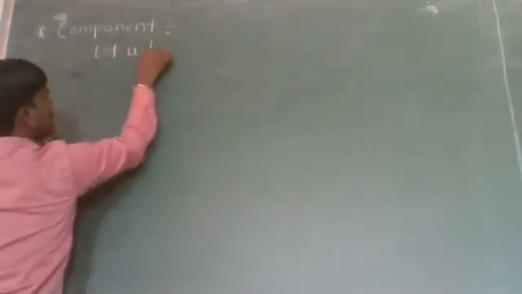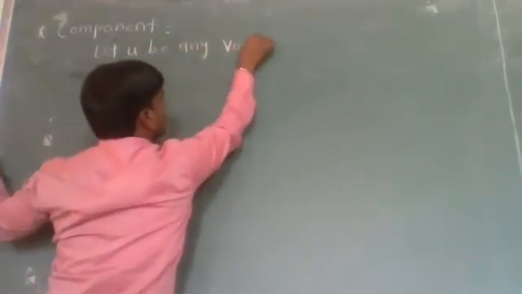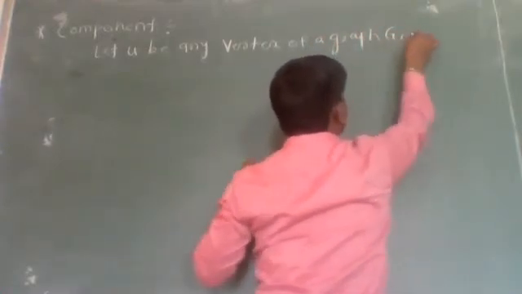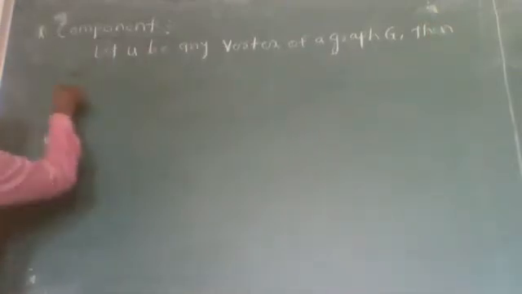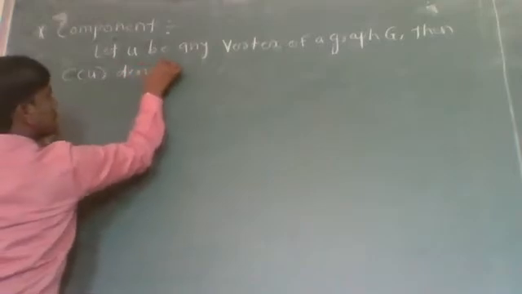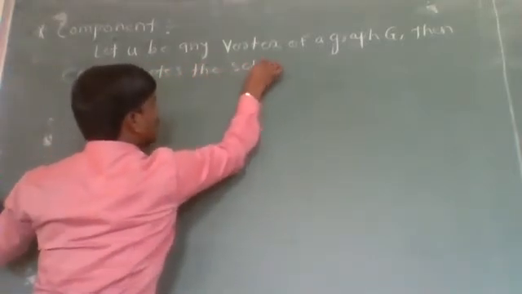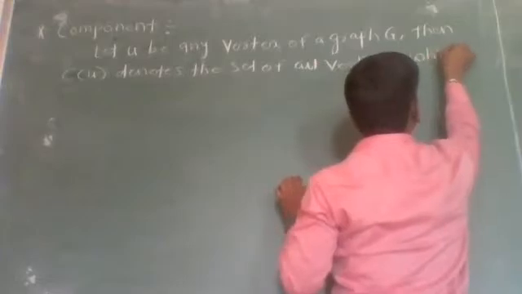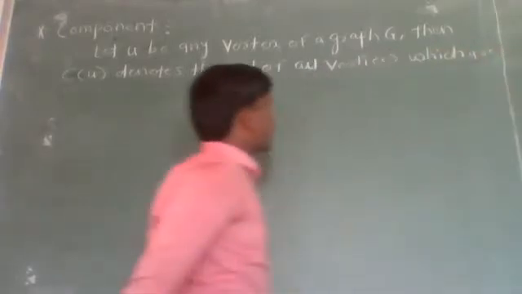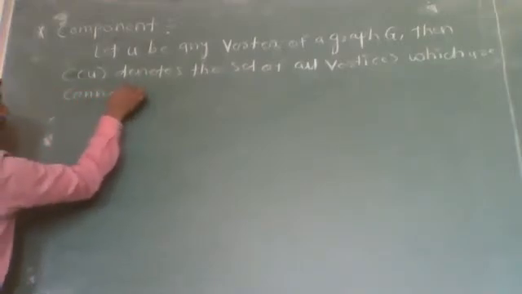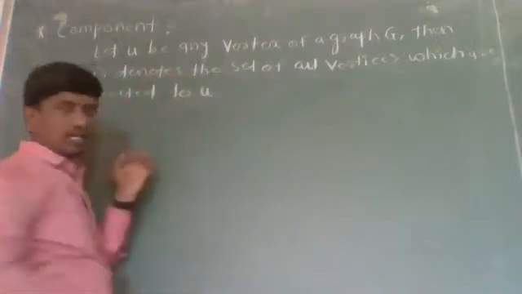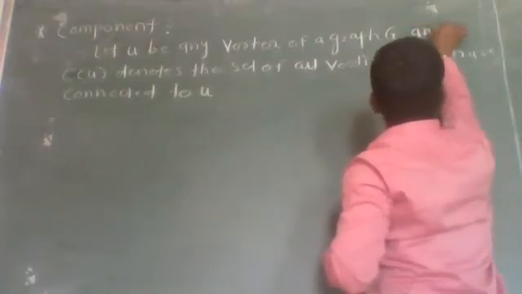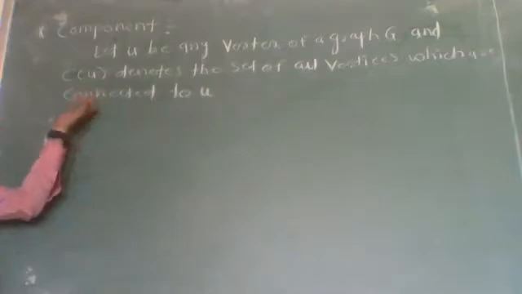Let U be any vertex of a graph G, and let C of U denote the set of all vertices which are connected to vertex U.